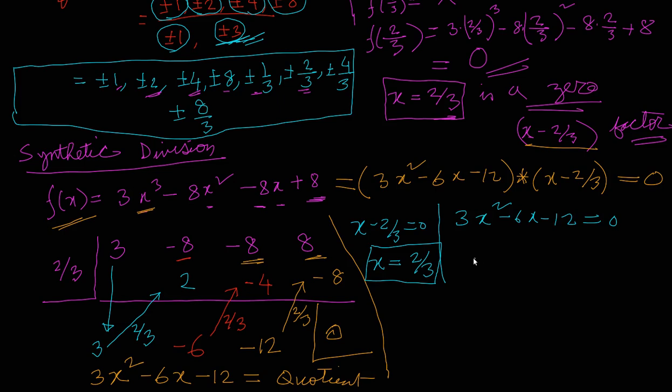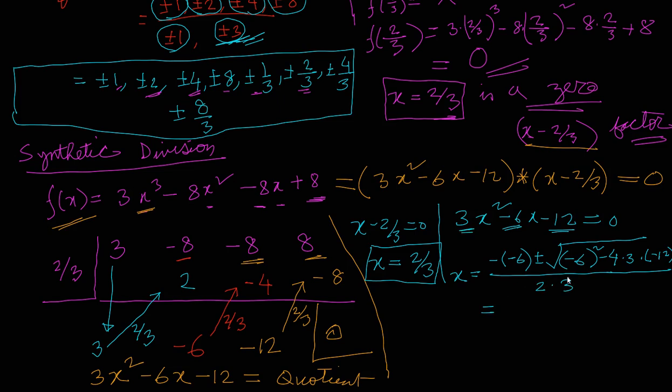And then for the other ones, we can do the quadratic formula or factoring. So let's do the quadratic formula. What is my x? x is going to be minus b, and b here is -6, plus minus the square root of b squared, so (-6) squared, minus 4a c, where a is 3 and c is -12, all over 2a, and 2a is 6.